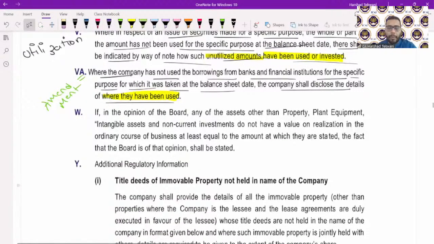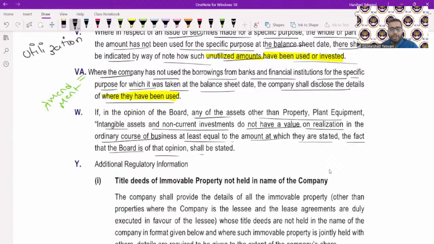Now, if in the opinion of the board, any of the assets other than property, plant and equipment, or intangible and non-current investment do not have a value on realization in the ordinary course of business at least equal to the amount at which they are stated, then the fact that the board is of that opinion shall be stated.